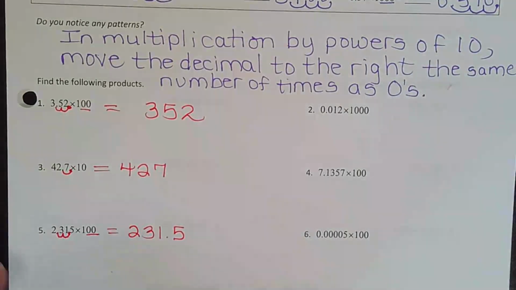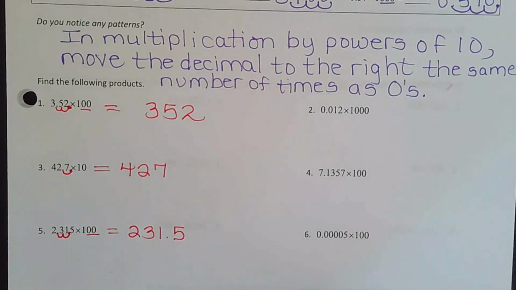And remember, this only works for 10, 100, 1,000. If that said times 150, you would have to do the actual multiplication. But powers of 10, 10, 100, 1,000, 10,000, that's all you have to do.